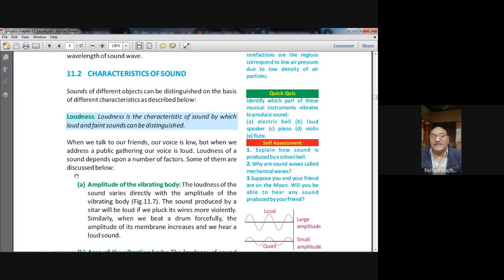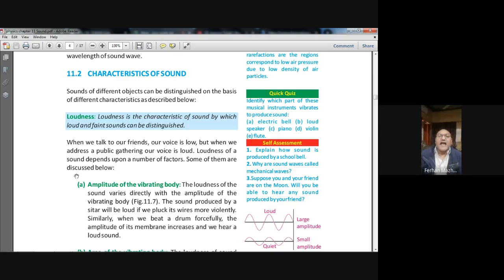Loudness. Loudness is the characteristic of sound by which loud and faint sounds can be distinguished. When we talk to our friends, our voice is low, but when we address a public gathering, our voice is loud. Loudness of a sound depends upon a number of factors. Some of them are discussed below.